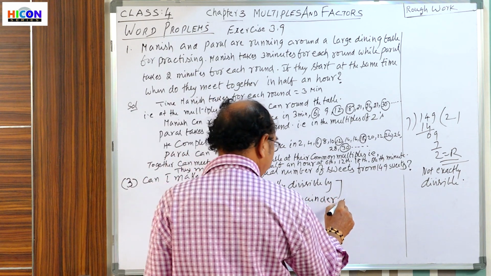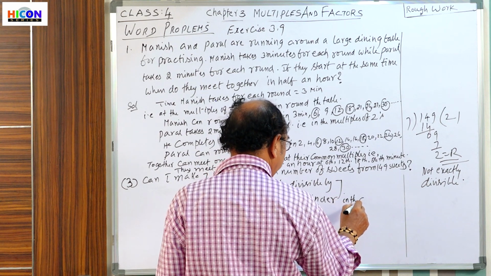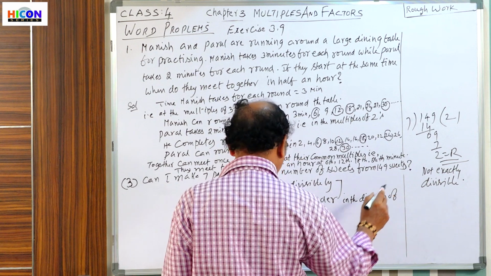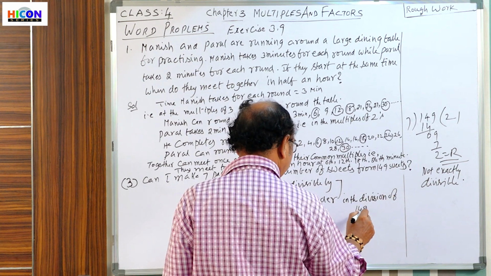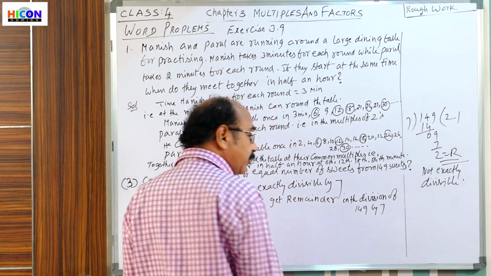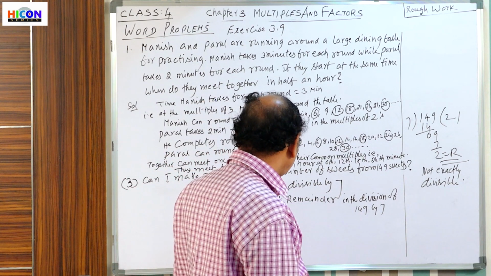In the division of 149 by 7, we are getting some remainder.